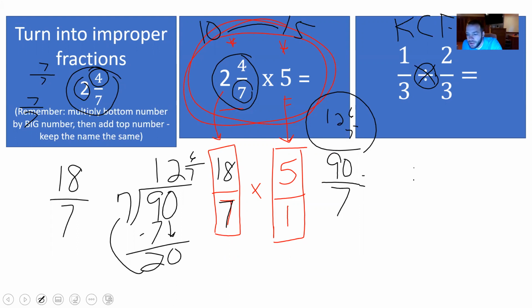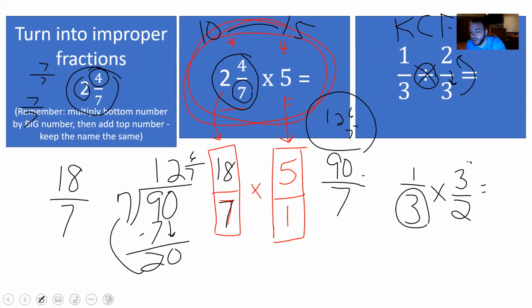So keep 1/3 the same. Change the sign from division to multiplication, and then flip the 2 and the 3. The 2 and the 3 we're going to flip, so instead of it being 2/3, it's 3/2. Now, we can multiply across and get 3/6, or we could reduce first.